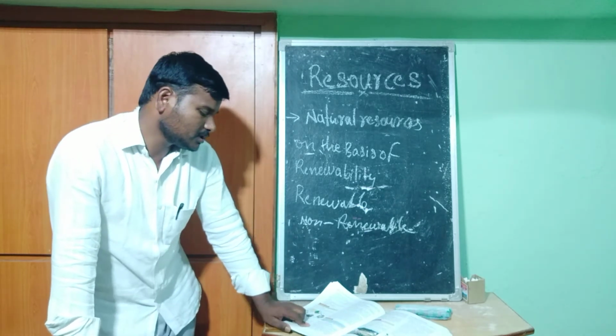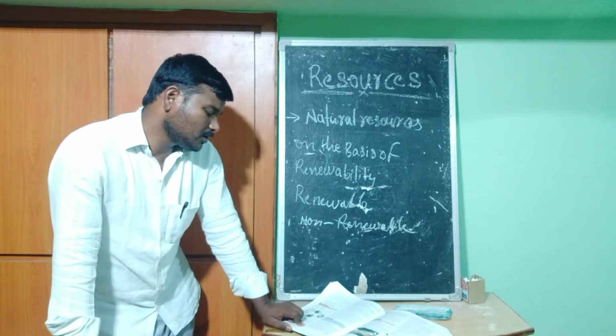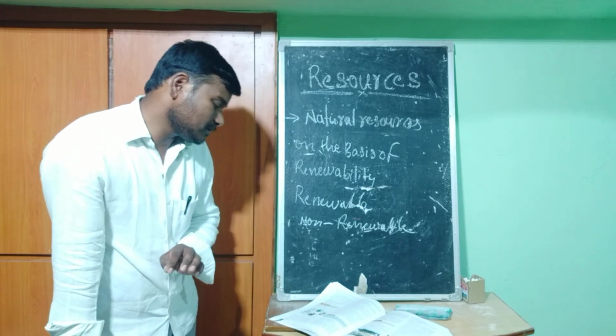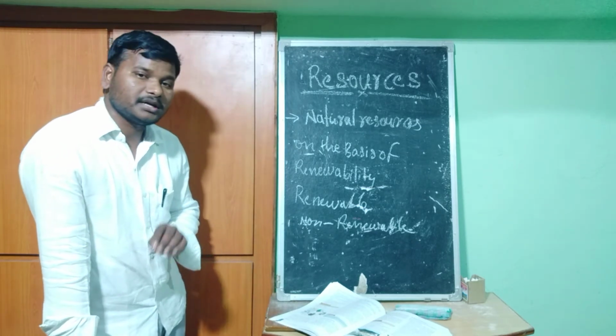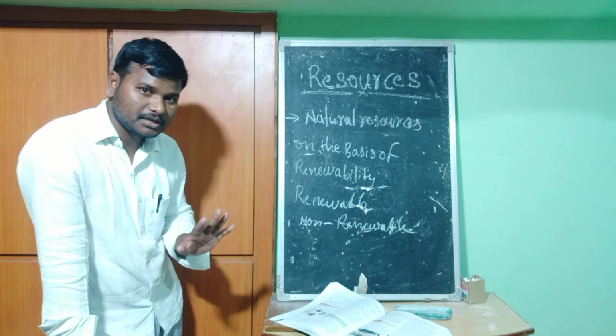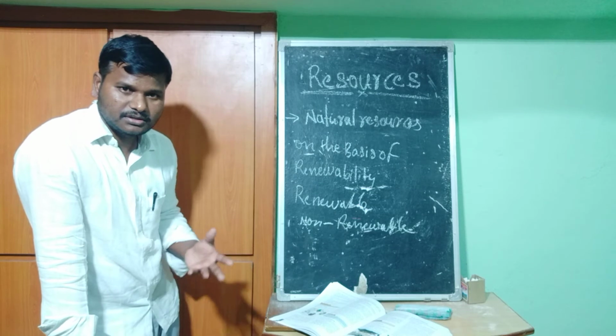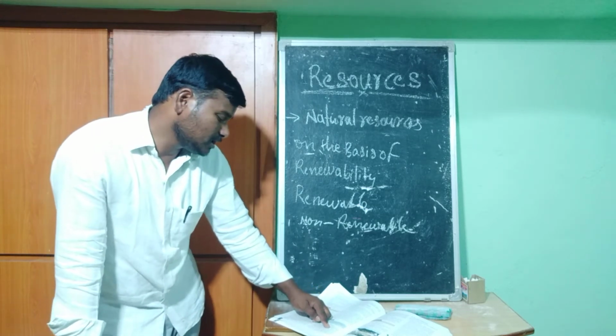Are you understanding? We can also say that sunlight and air are unlimited in quantity. How much we want, that much we can get. So that's why we call this unlimited in quantity.